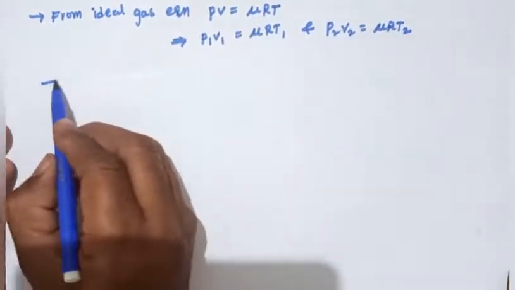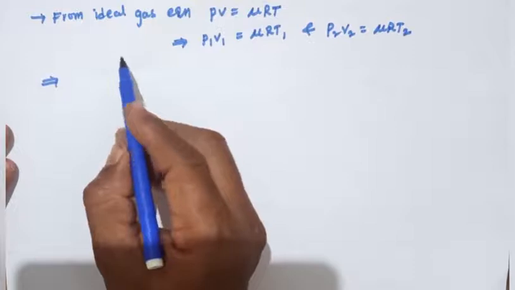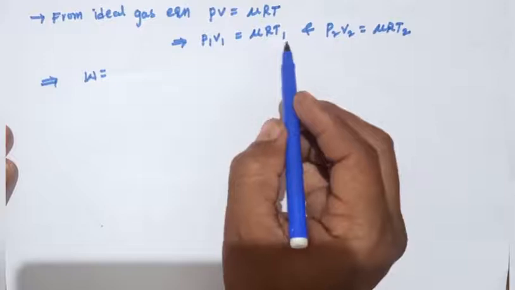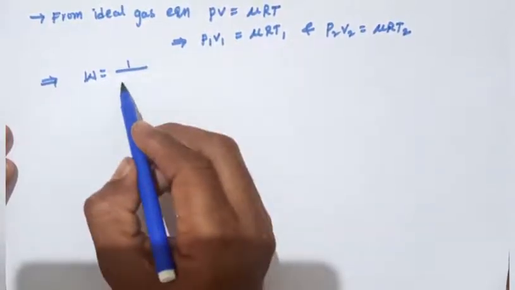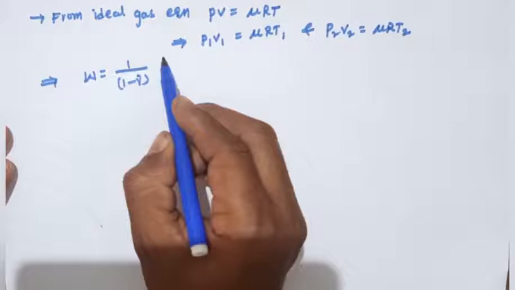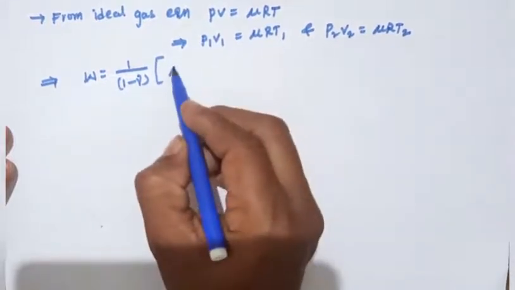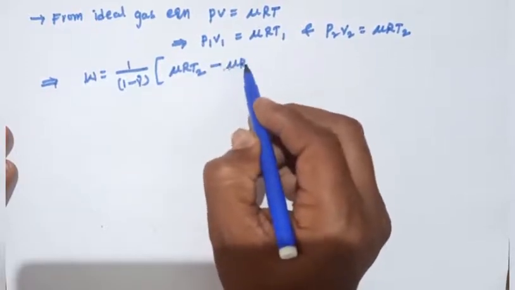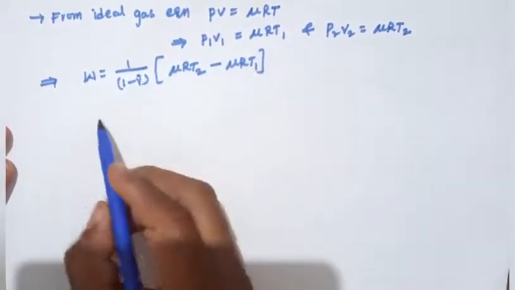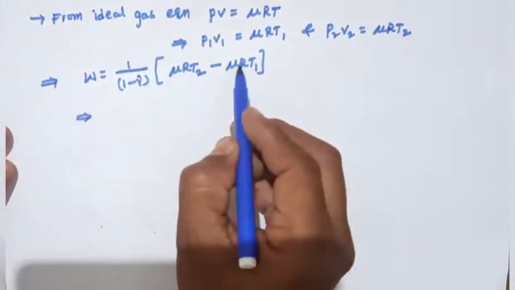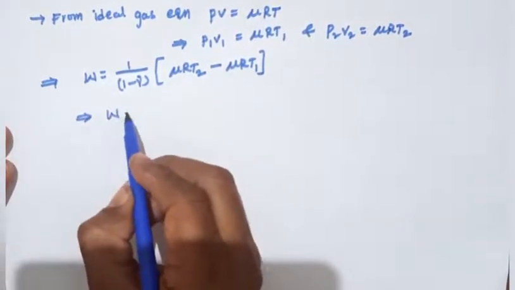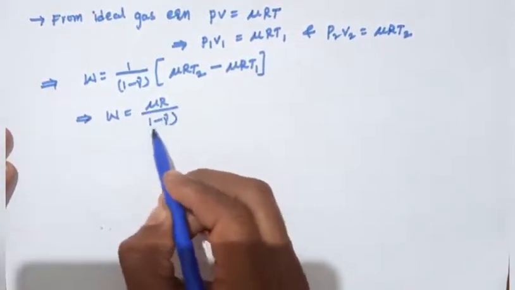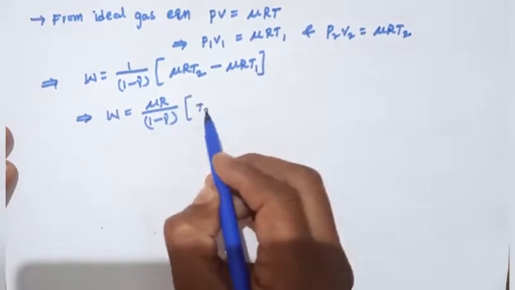Then W equals to 1 by 1 minus gamma into P2 V2, which is mu R T2, minus mu R T1. Okay, so mu R is common, so then W equals to mu R divided by 1 minus gamma into T2 minus T1.